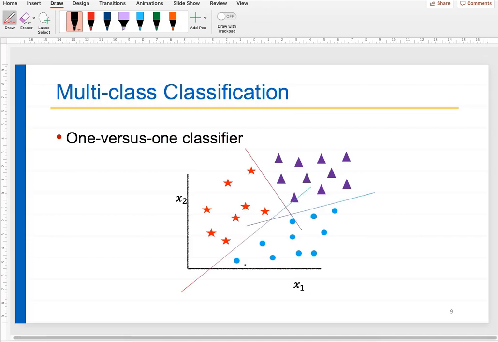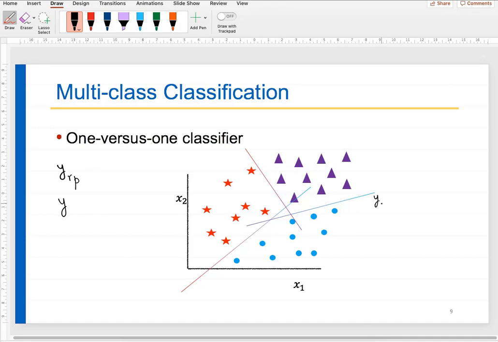Something like this. Let us say this classifier classifies red from purple, which means that for this y, the value is 1 if it is red, and 0 if it is purple. Okay, let me say y rp, right? Another is y purple versus blue, which is this line.